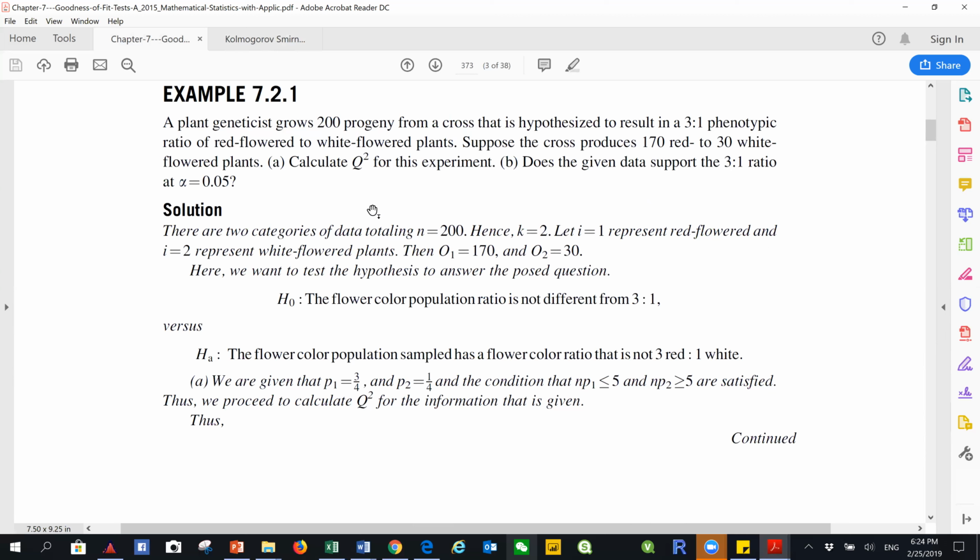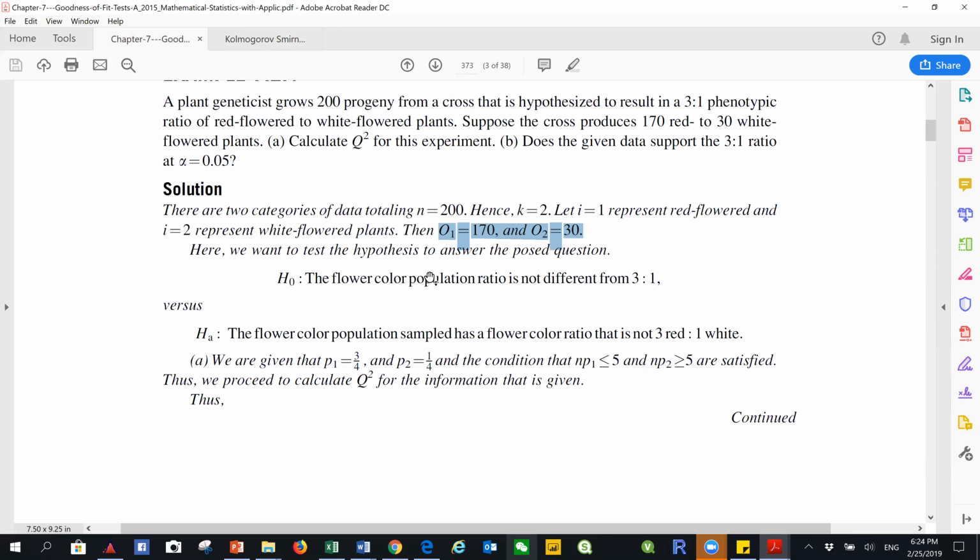So we have 200 progeny, with two kinds of flower, red and white, and we observe 170 as red and 30 as white.